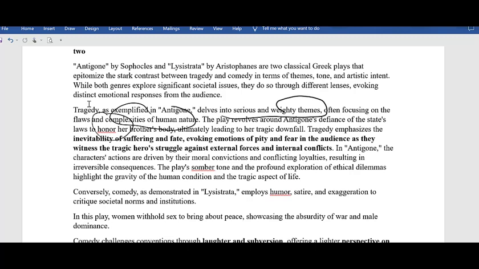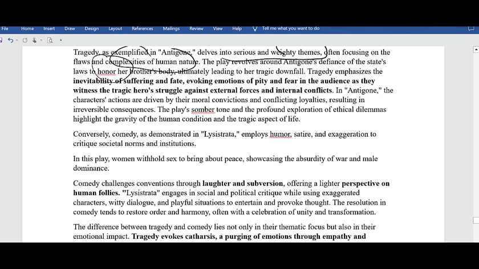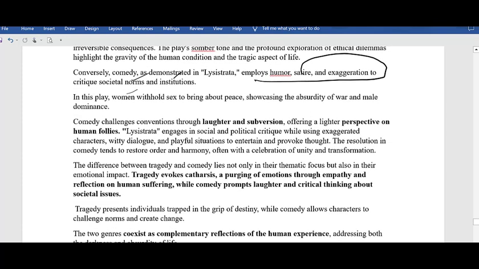And on the other hand, Lysistrata, a comedy or a satire, is supposed to exaggerate reality in order to be able to critique social norms and institutions. In this play, you give some brief premise of both the plays because this is a longer question. So in this play, you would talk about how women decide to put an end to war by withholding sex from men in order to maintain peace.